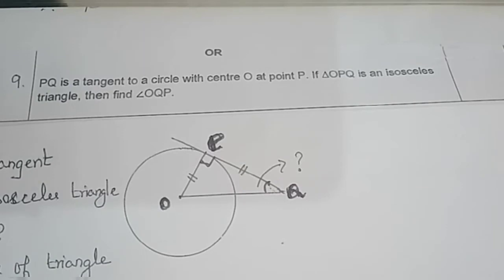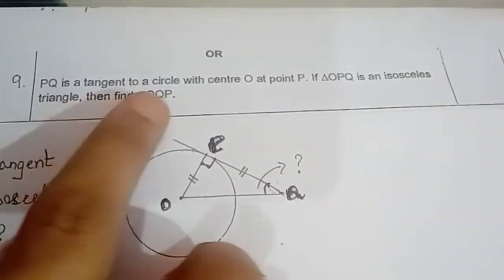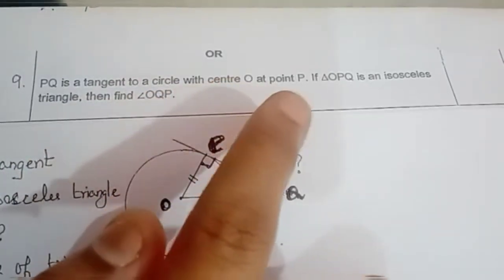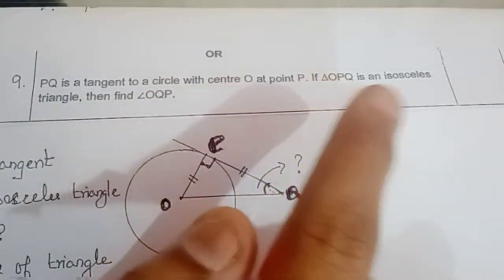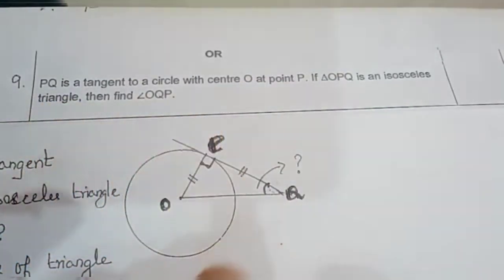The ninth question has an optional one. The optional question is: PQ is a tangent to a circle with center O at point P. If triangle OPQ is an isosceles triangle, then find angle OQP.